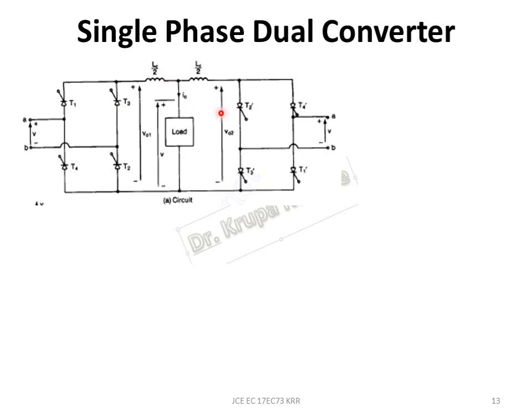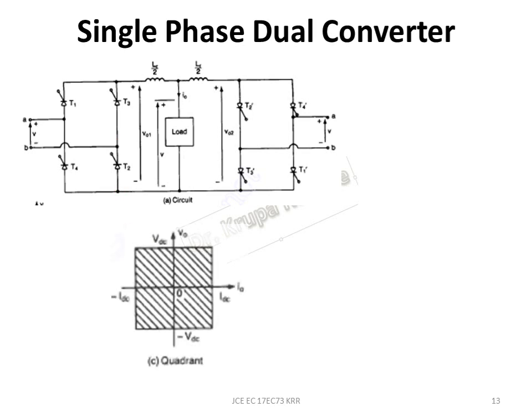So those are the two different things. If you look at the quadrant operation, we know that there is a rectification operation as well as an inversion operation. This operation is done by one converter, we call it converter 1, and the other two quadrant operation is done by converter 2.